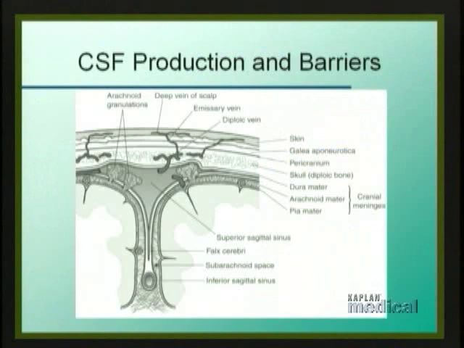And if we look at a diagram, a coronal section, you can see in this section the location of the arachnoid granulations as being protrusions of the subarachnoid space, where basically CSF is passing down its concentration gradient and draining back into the venous system at the level of the superior sagittal durovenous sinus.